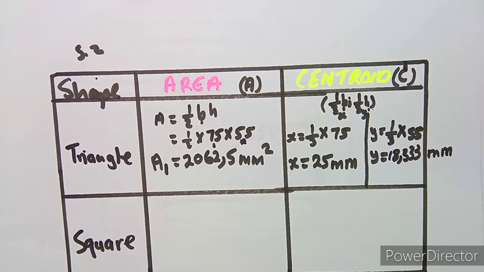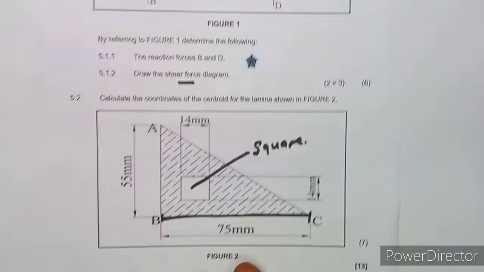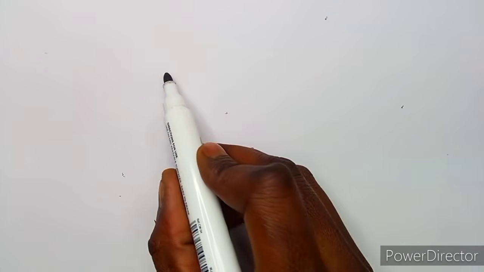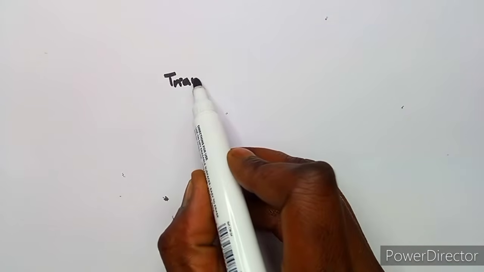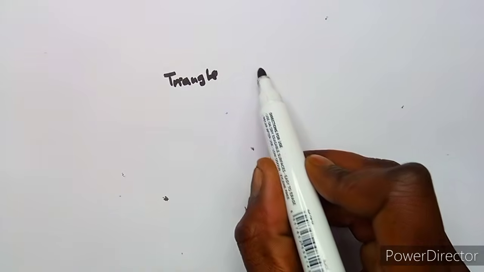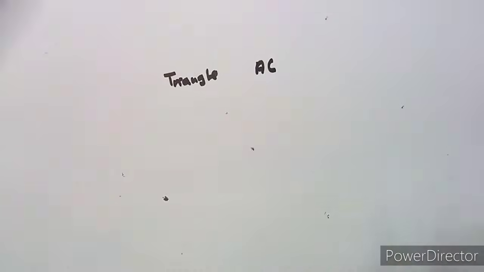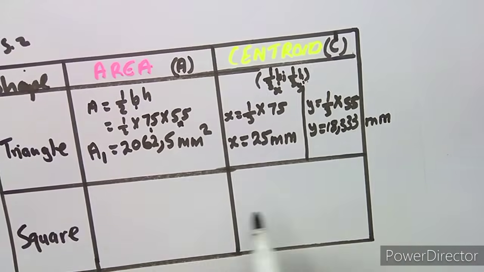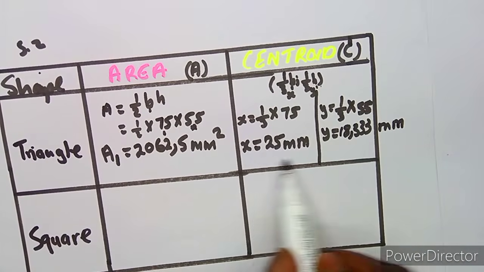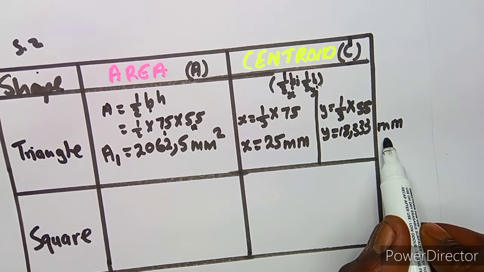Let me just extend my diagram. For the triangle, we have the area moment, which is AC. So we've got the area moment for x and the area moment for y.